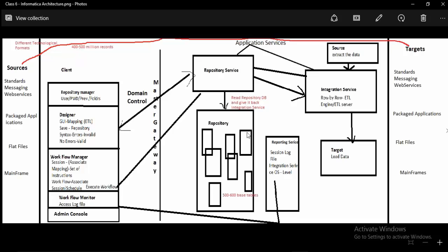It reads the table A, and then it finds the corresponding table definition from the source system, let's say Oracle, and extracts the data from the corresponding table A, then transforms the data based on the rule and then loads the data to the corresponding table. Okay, so that is how the integration service helps the Informatica.